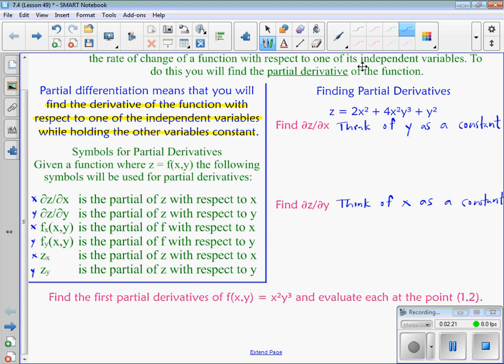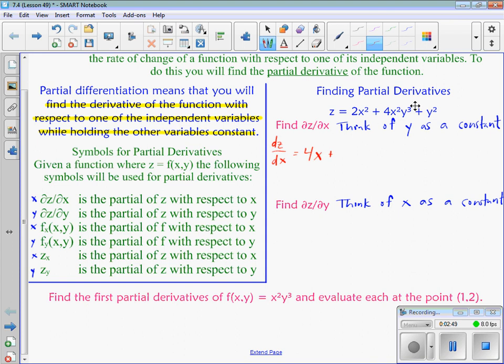So let's try the first one and see what happens here. Find the derivative with respect to x. So instead of z, I'm going to write dz dx. Now, 2x squared. If I'm taking the derivative with respect to x, what's the derivative of 2x squared? 4x.